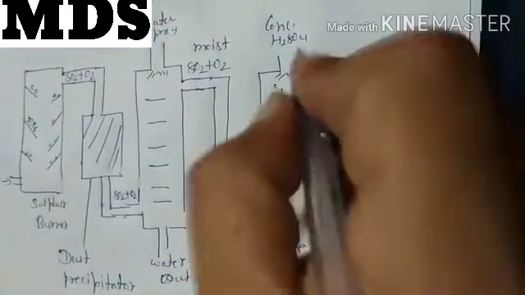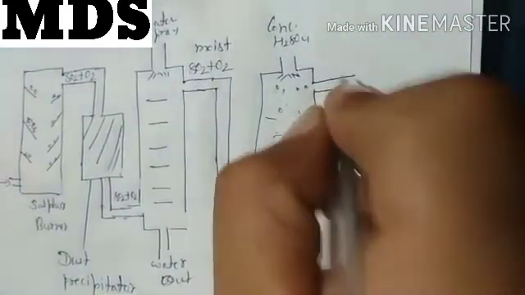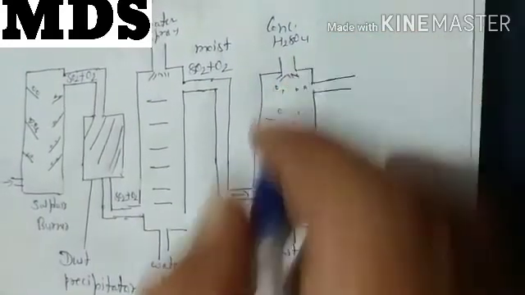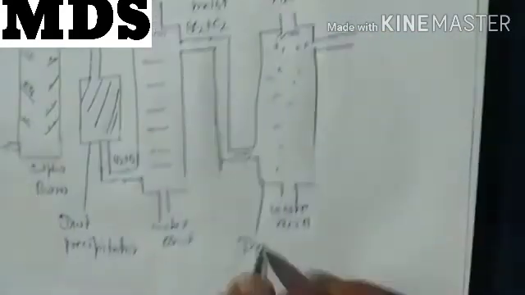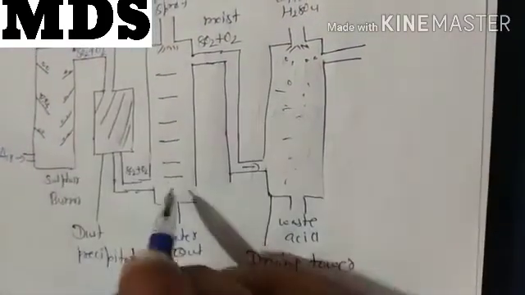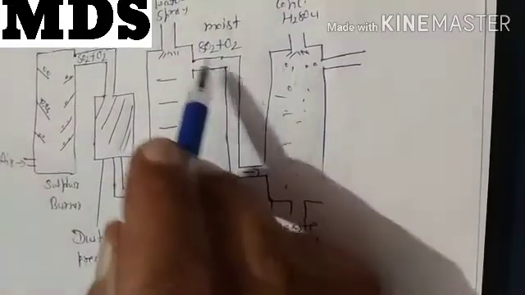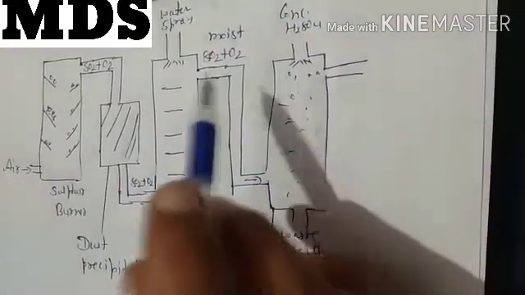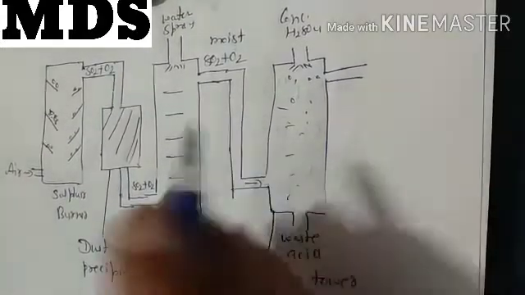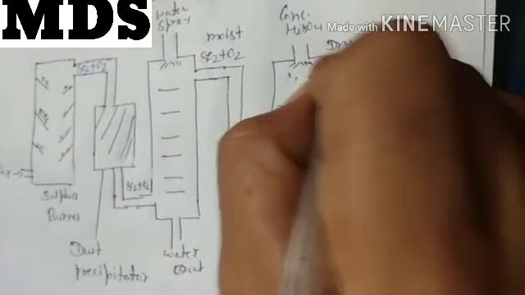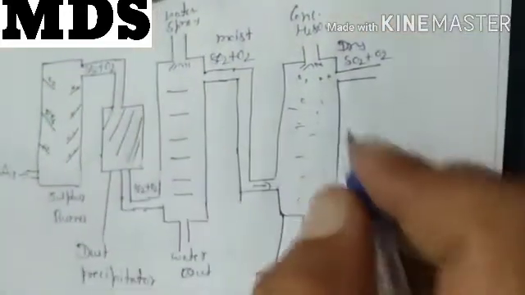Why are we spraying? Because sulfuric acid is a quite good dehydrating agent. That's why this is known as the drying tower. I mean to say, the moisture which got involved due to the water spray over here, that's why we are spraying concentrated H2SO4, so that the moist SO2 gets converted again into a dry SO2 plus oxygen mixture.